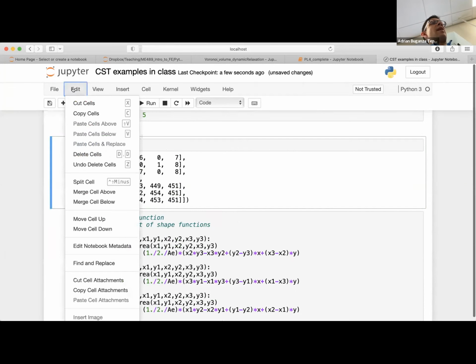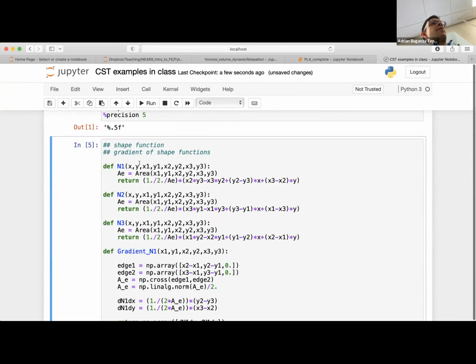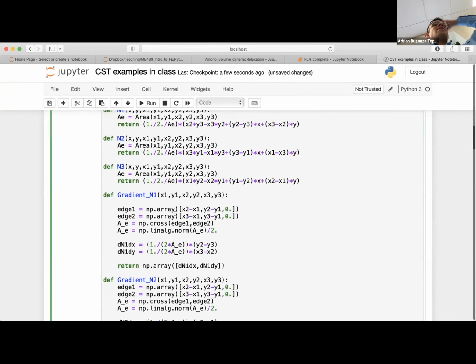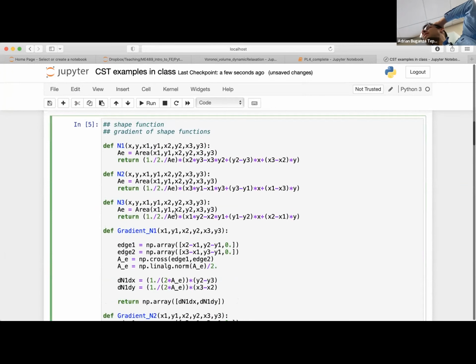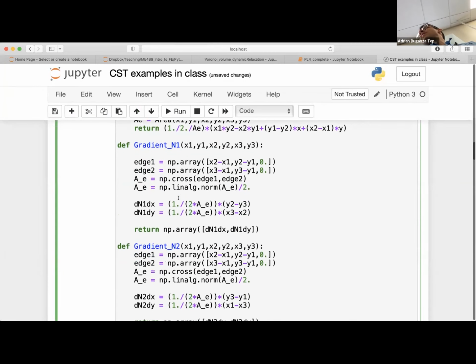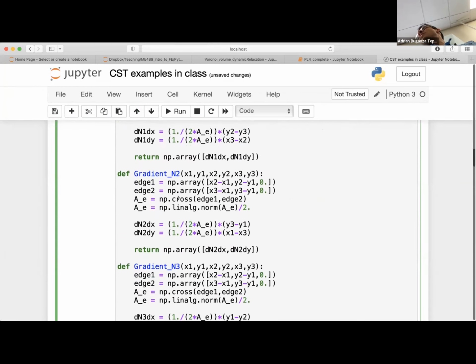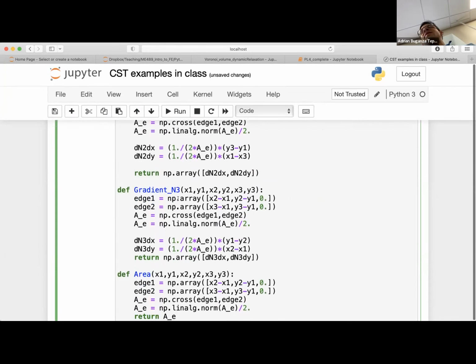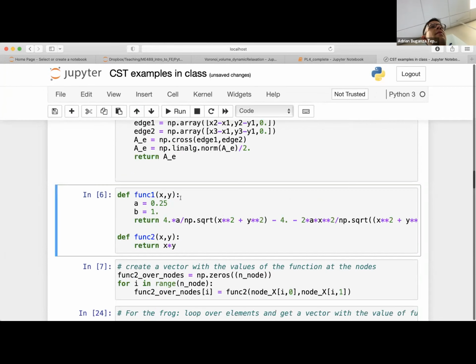The only reason why I have this is because this has already the shape functions for the triangle, and it has the gradients of the shape functions, which is what I want. So I don't have to do it by hand. This is what I want. Okay, so I'm going to execute that and then forget about the rest.